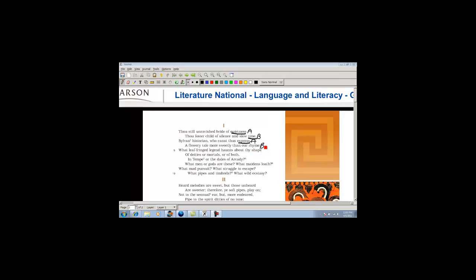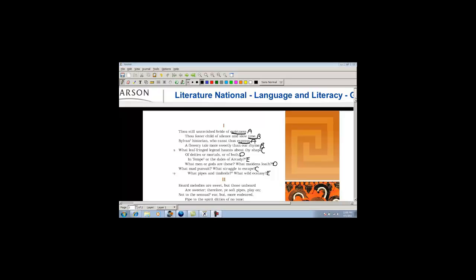Shape does not rhyme with anything above it, so it gets a C. Both, again, does not rhyme with anything above it, it gets a D. Arcady does not rhyme with anything above it, it gets an E. Loath and both rhyme, so it gets a D. Escape rhymes with shape, which gets a C. And ecstasy and Arcady, that's again approximate rhyme, so that will gain an E. So we have the rhyme scheme of C, D, E, C, D, E for this sestet.